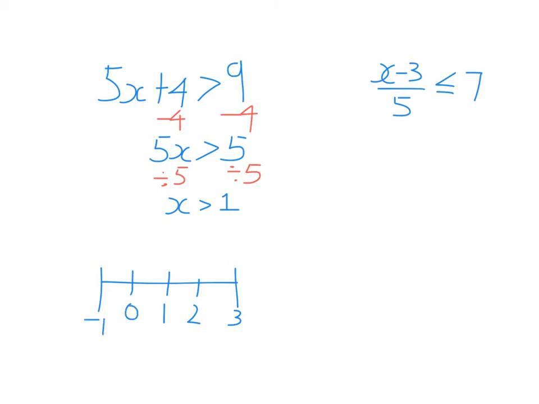So x is greater than 1, so start with the circle here. We want all the numbers greater than 1, so we're going to the right. Now I leave this as an open circle because it doesn't include 1. If I substitute x equals 1 into this, I get 5 times 1 plus 4 is greater than 9.